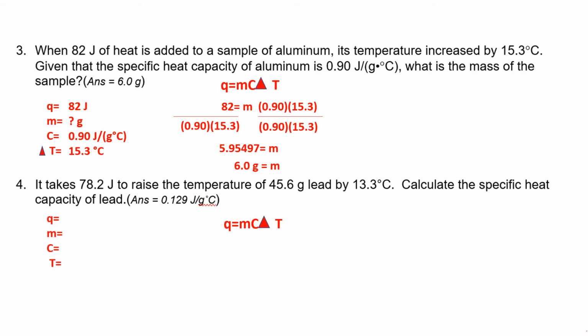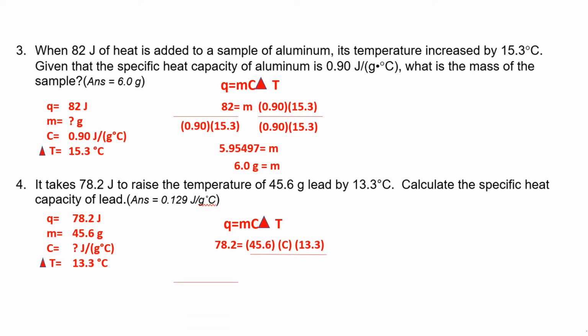Okay, we're going to be using our formula. We can identify Q is 78.2 joules, mass is 45.6 grams. We're trying to find specific heat capacity, and the change in temperature is 13.3 degrees Celsius. So if we plug all of those into the formula, we're going to be solving for C. We need C to be by itself.